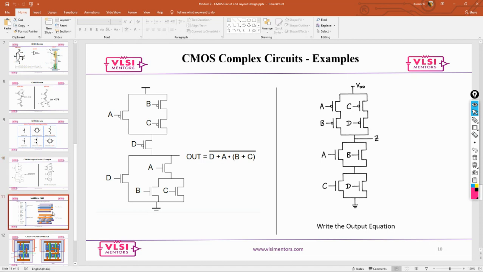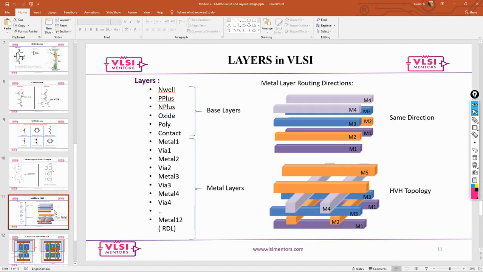Now moving on to the layers part. You guys have to understand one thing here. VLSI is basically the overall stack: one layer, then a dielectric or insulation layer, then the next layer.